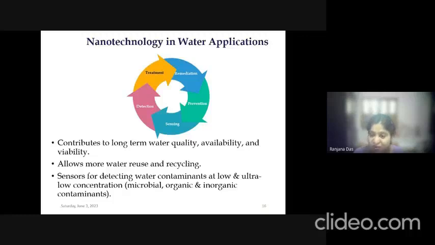For example, if groundwater is becoming contaminated, we can add some material there which will prevent the contamination, and the groundwater aquifer will be preserved. So nanotechnology application is manifold. It helps us not only in treatment, but in sensing and detection of contaminants, remediation, and preservation.